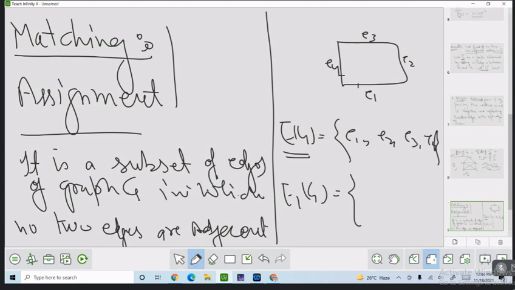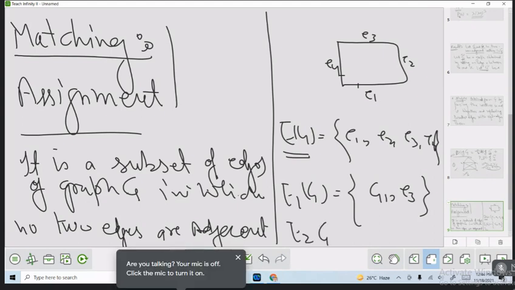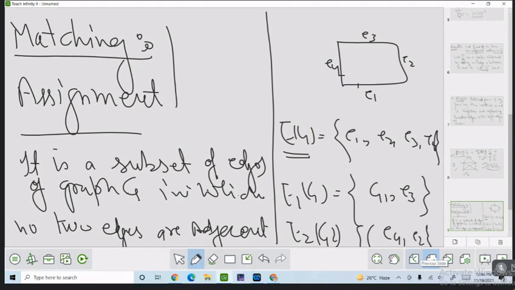Okay, so can you find the matching of this graph? So first matching is E1 and E3. Second matching is E4 and E2. Clear? So these are the matchings, the first matching and the second matching.